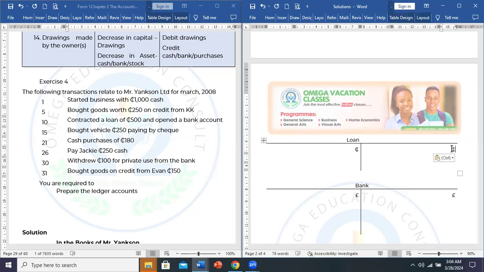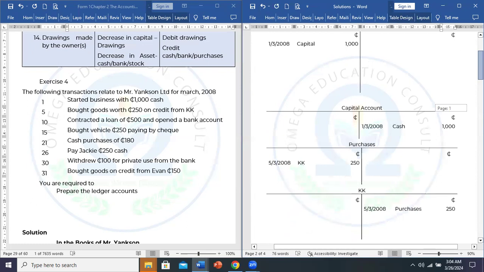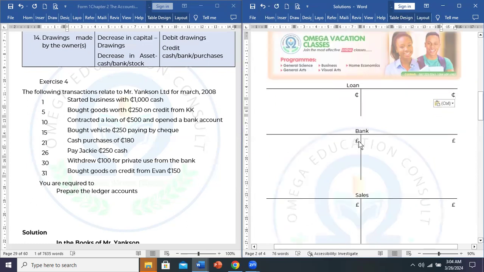Money in your bank account will increase. So you open loan account and bank account. Let me be sure that we don't already have the bank account. Okay, we don't, so we have to open the bank account. Since bank is increasing and is an asset, we are going to debit bank and then credit the loan.